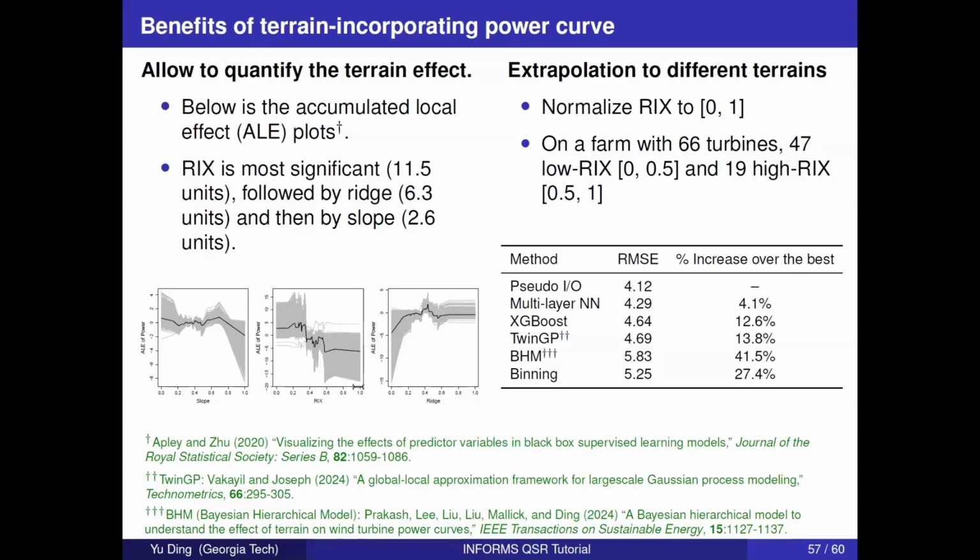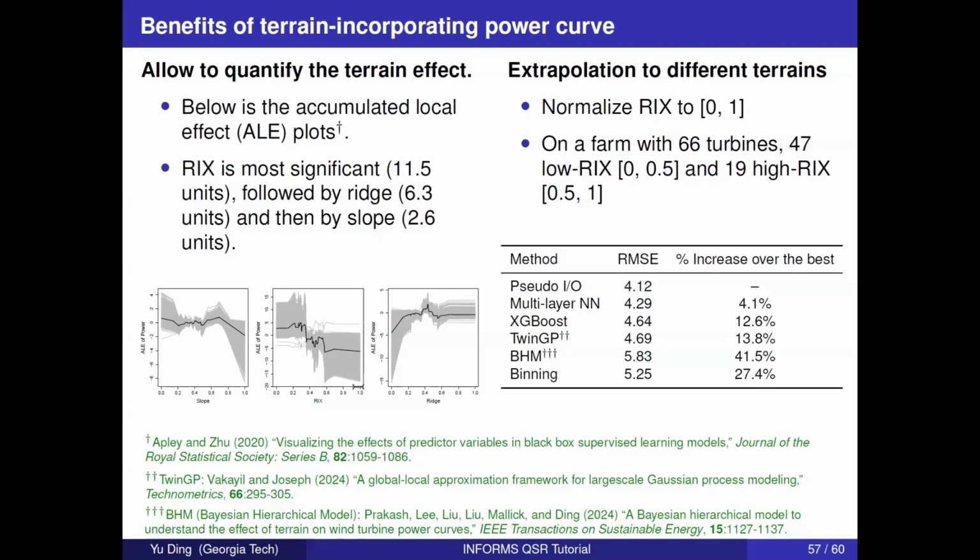Of course, we also did some comparison with other machine learning methods, like multi-layer RNN, XGBoost. We did compare with the TwinGP because Roche Joseph is a co-author of this paper. Obviously, we compare with his previous work, and the BHM is a Bayesian hierarchical model. One of my former PhD students, Abhinav, used that method, but it's a more parametric power curve, so it has its own limit, right?